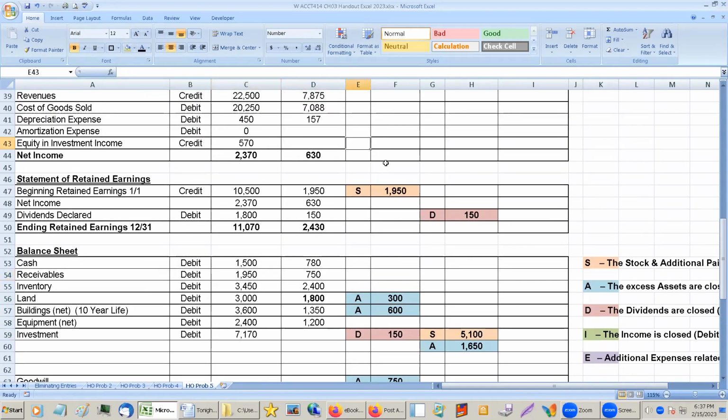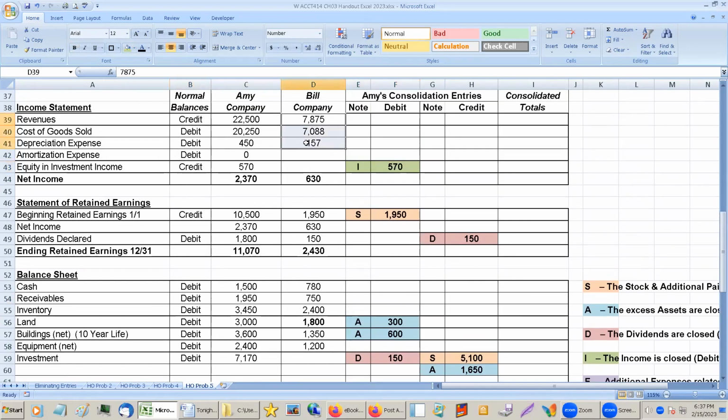Income: we're taking it out because we are actually going to count all their other stuff in here along with it.